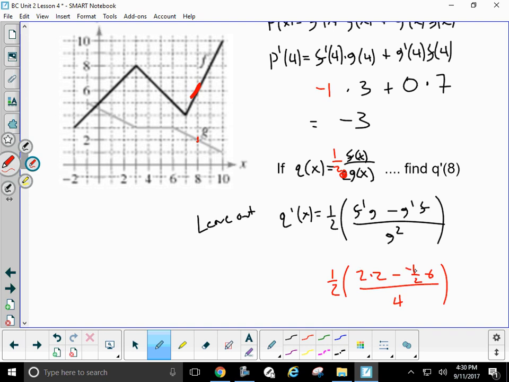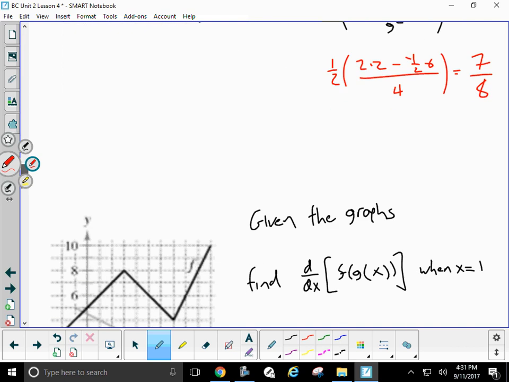This will be plus 3. 4 plus 3 is 7, divided by 4, divided by 2, gives me 7/8. Okay, that's simple, as long as we are careful.